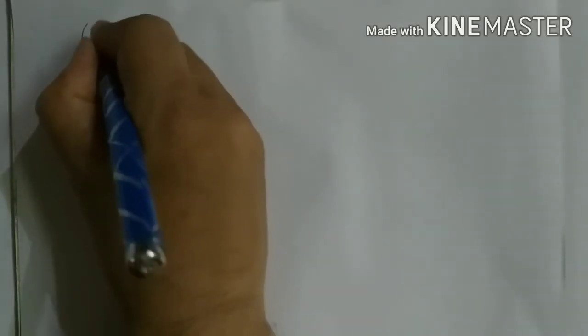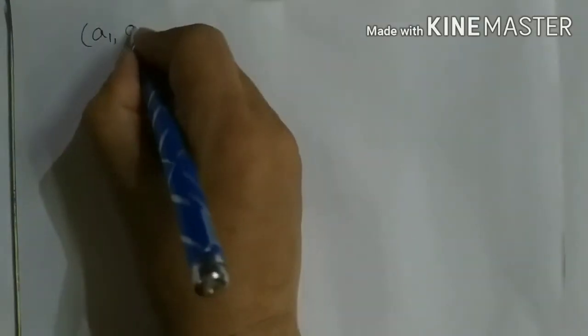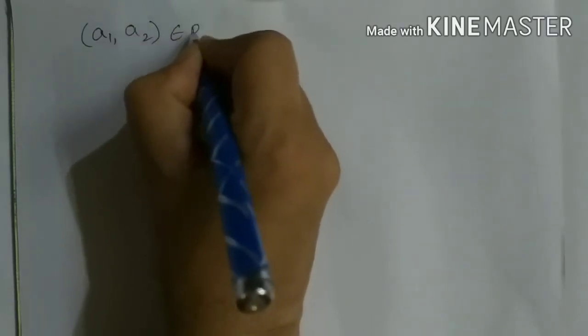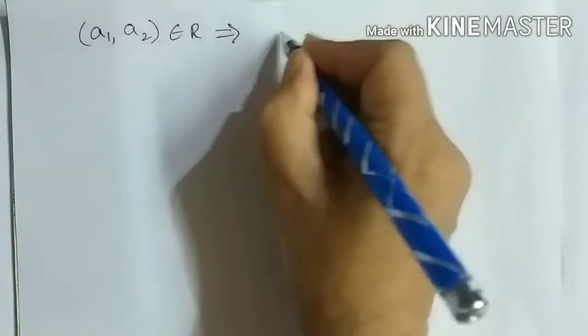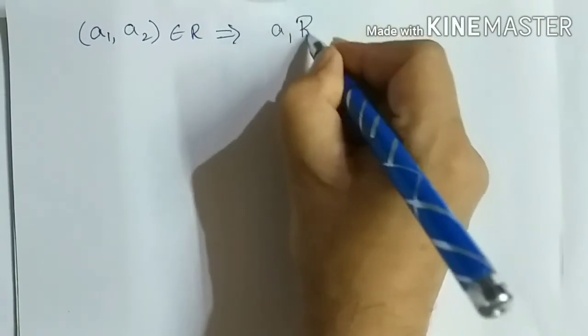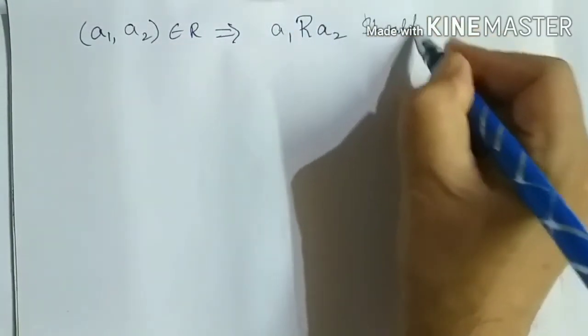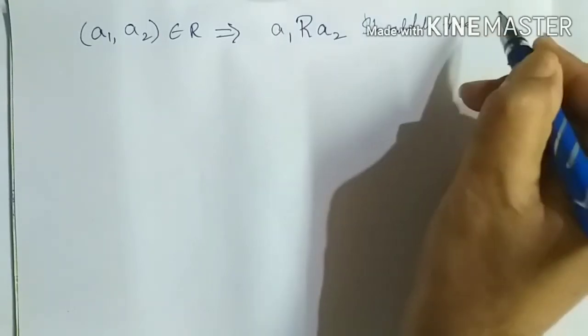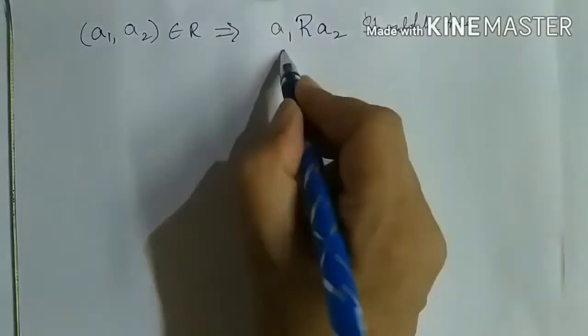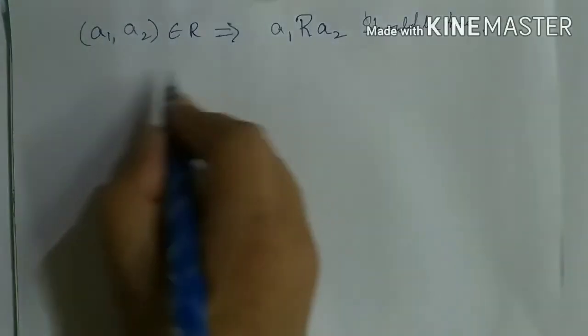Here, (A1, A2) belongs to R implies that A1 related to A2 should be true.